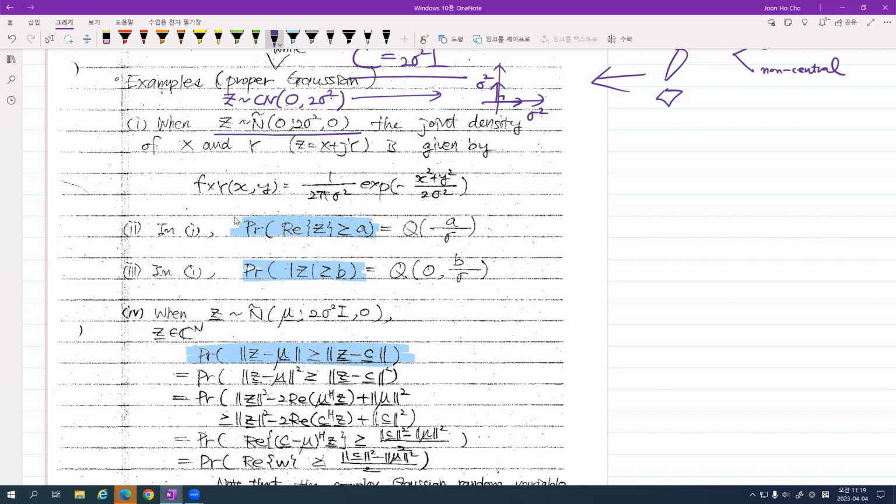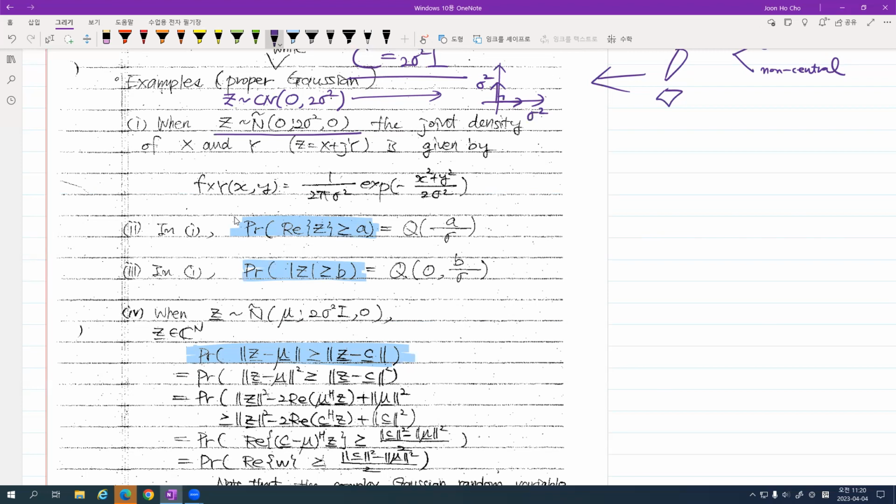So variance is defined as what? The z minus mean of z, modulus squared. What does that mean? Real part squared plus imaginary part squared. And as I repeatedly told you, Gaussian proper means that they are independent and having the same variance. So if the variance of the complex Gaussian random variable is 2 sigma squared, then the real and imaginary parts have half of the variance.